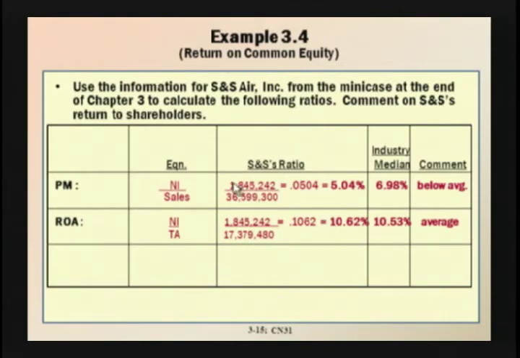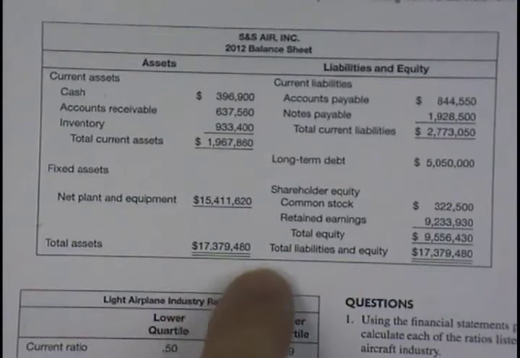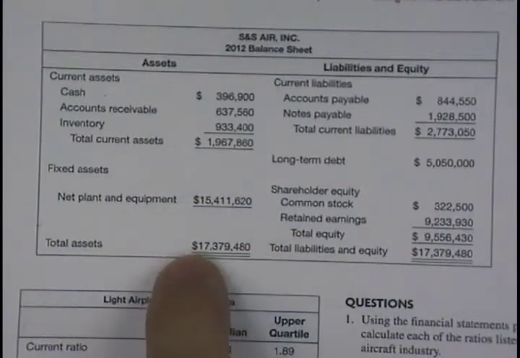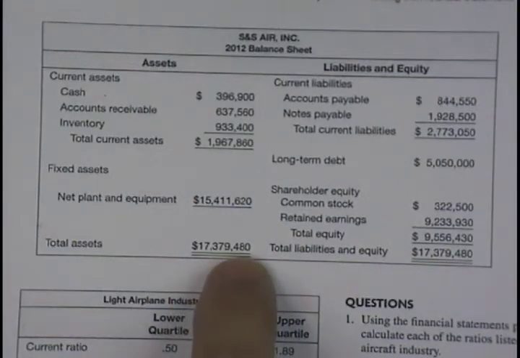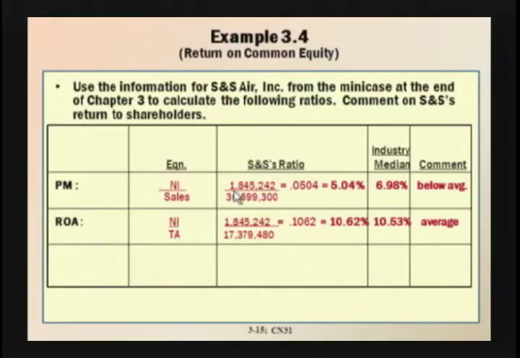As we already saw, we'll need that net income figure from S&S's income statement. And then we'll need the total asset figure from S&S's balance sheet, $17,379,480. So we can compute S&S's return on assets by taking the net income and dividing by the total assets.